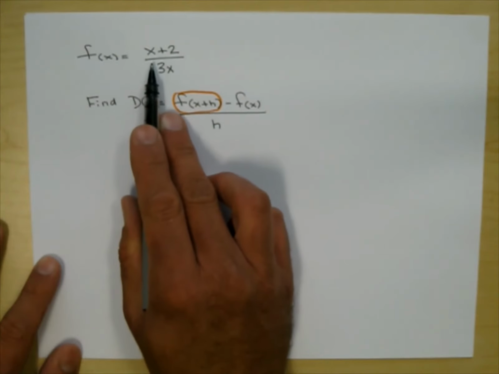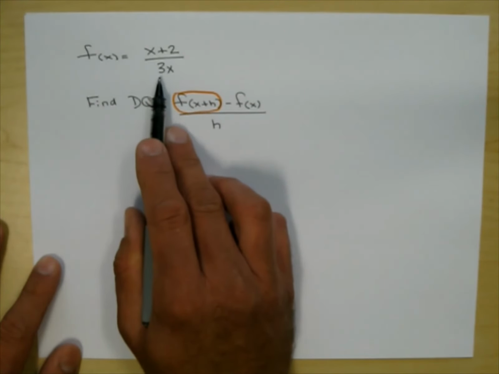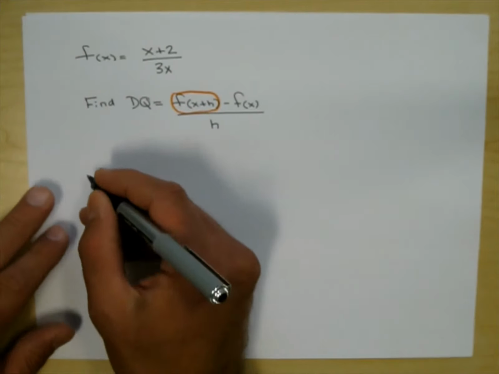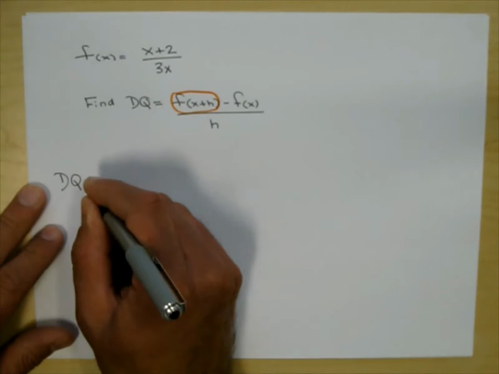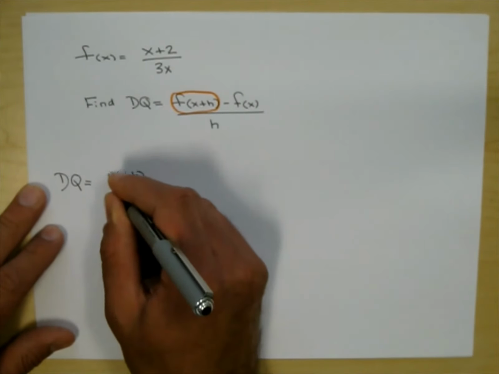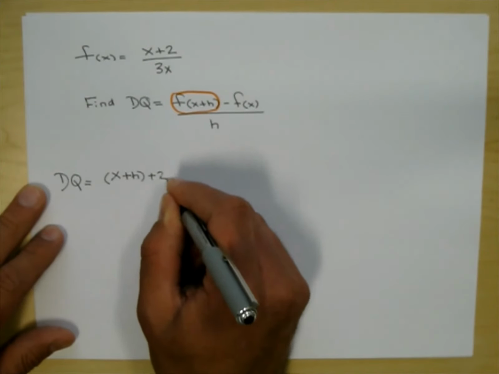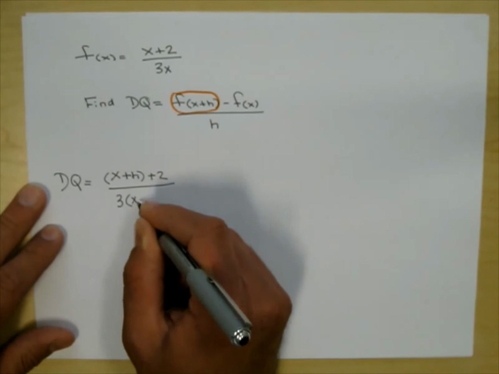So it's going to be x plus h plus 2 all over 3 times x plus h. So DQ equals x plus h plus 2 all over 3 times x plus h.